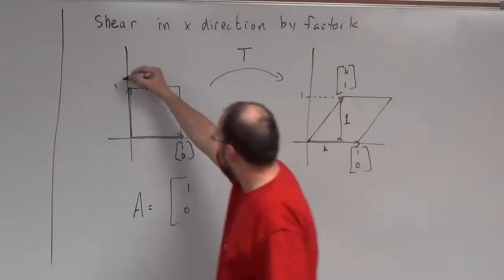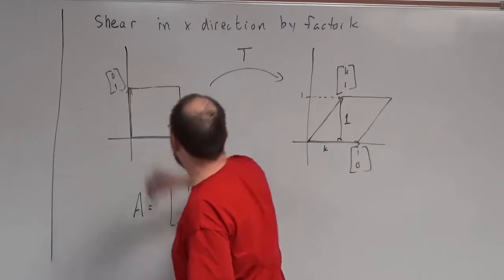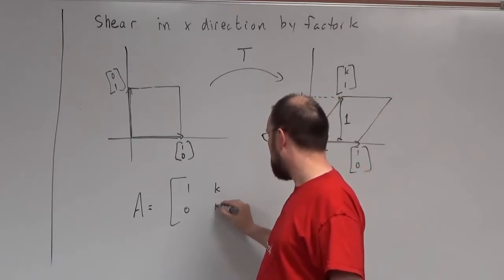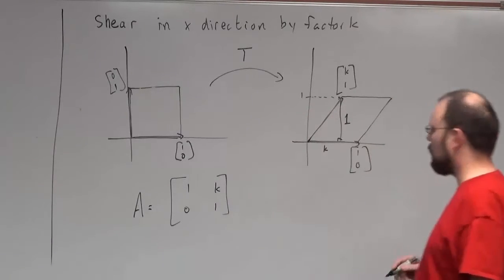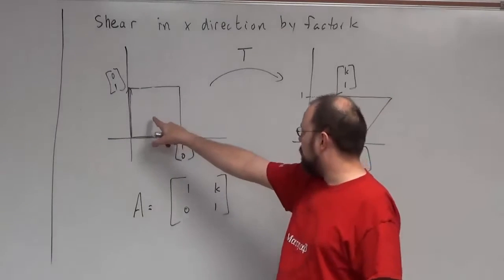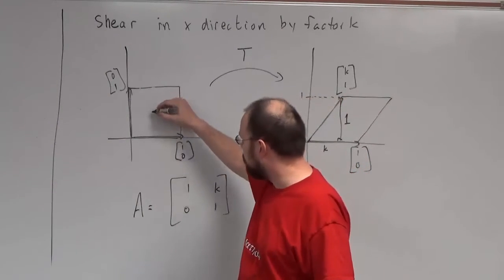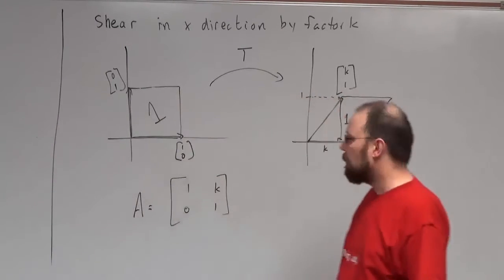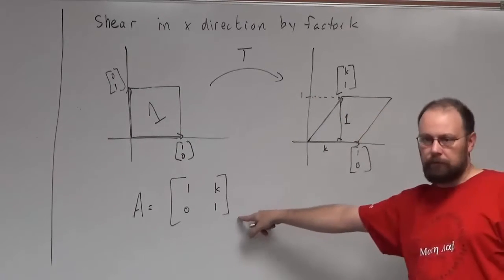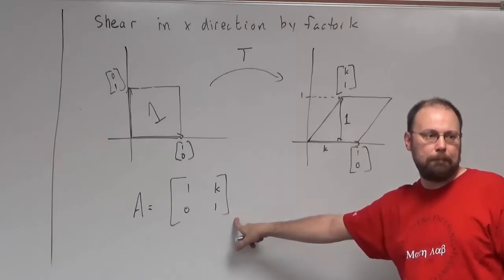So the second standard basis element is transformed into this vector. The area of the unit square is 1, correct? What's the area of this parallelogram? 1. And what's the determinant of this matrix? 1.